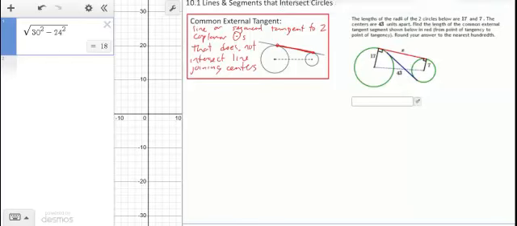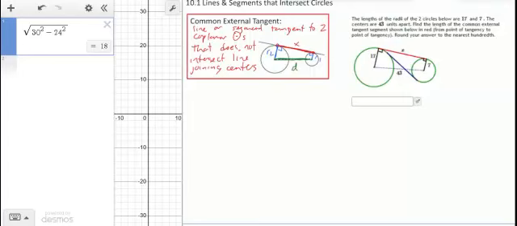And once again, you're going to have all those same pieces. So we'll call this one x here. Our distance is still designated d, and we're going to use radius 1 and radius 2. Now remember, these are both at 90 degrees to the point of tangency. So that's where that 90 degrees goes.